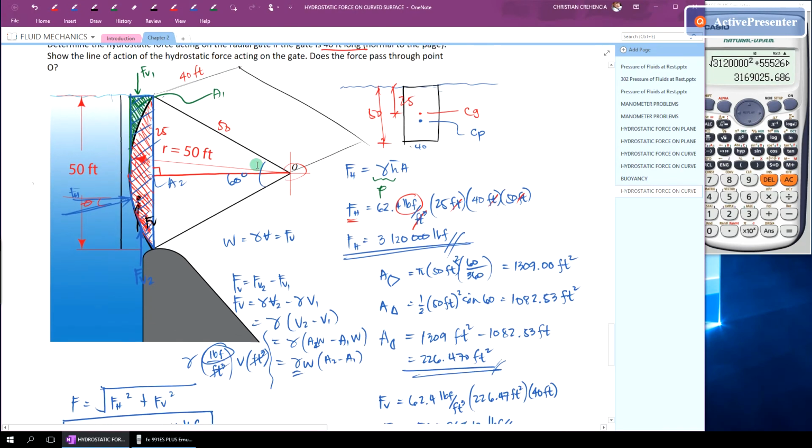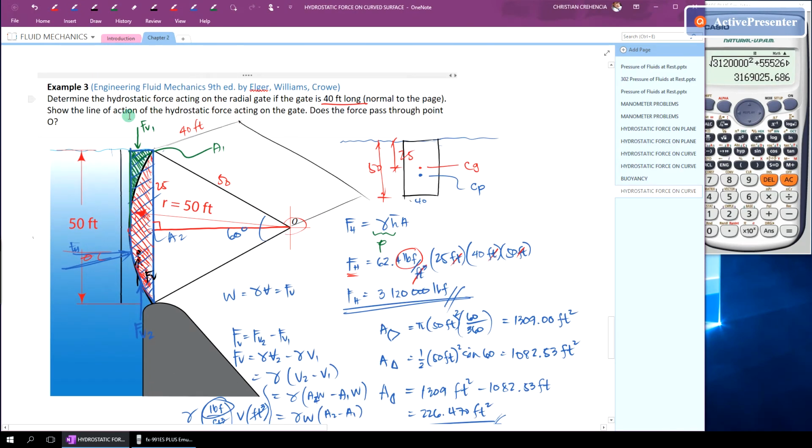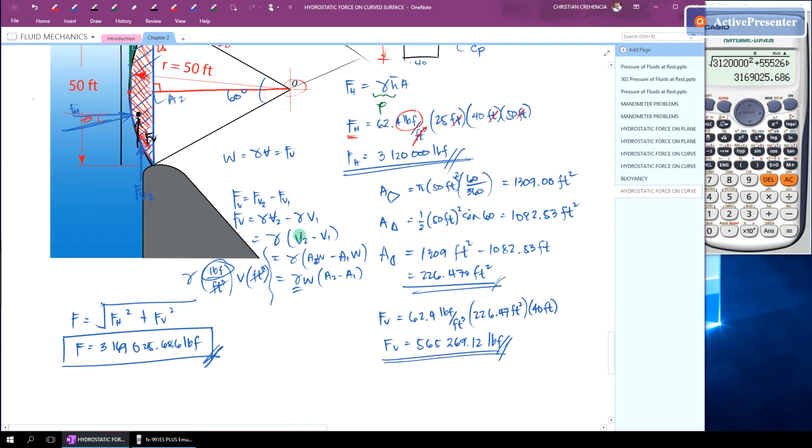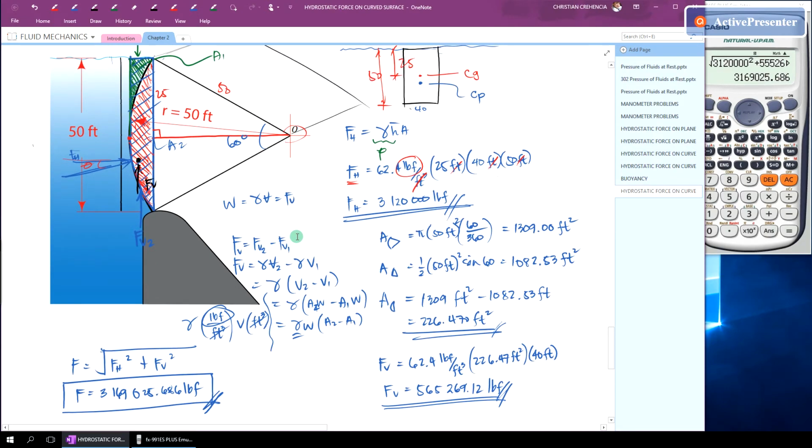So for its line of action and to determine if that force will pass through point O, so we need to determine the location of the application of the horizontal and the vertical components.